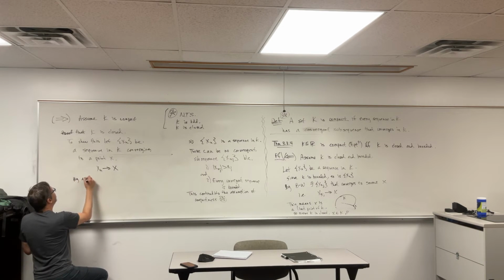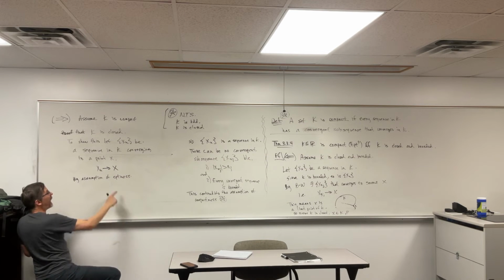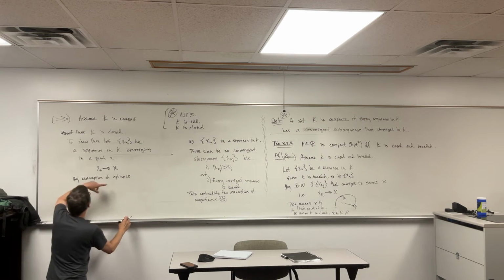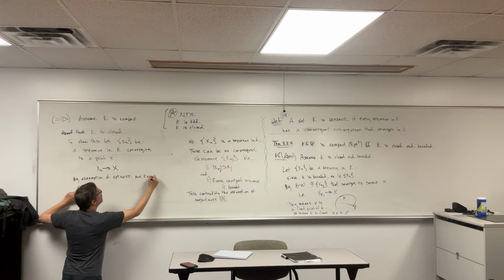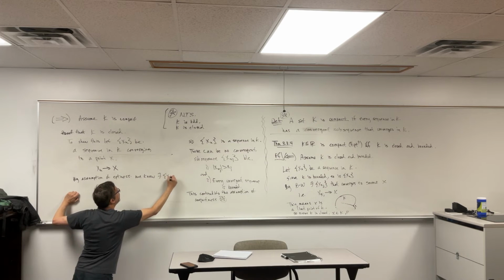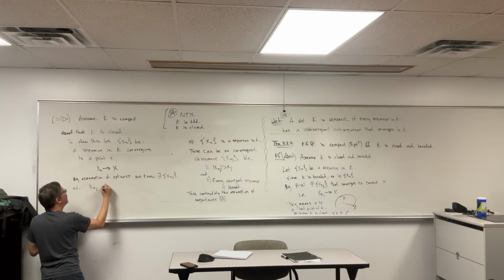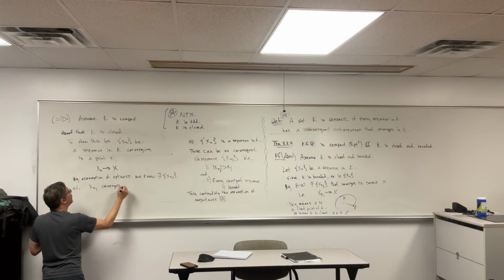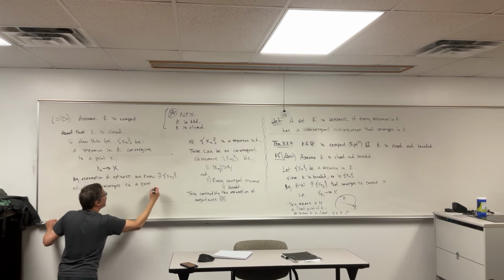By the assumption of compactness, we know there exists a subsequence such that x sub n sub j converges in K, to a point in K. How do I know that that point is this x?